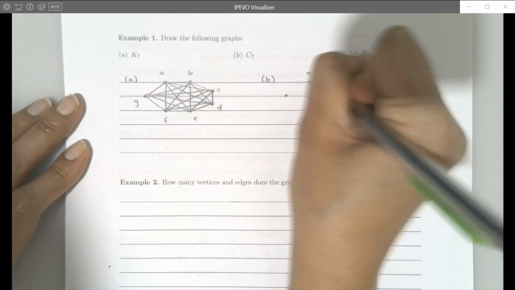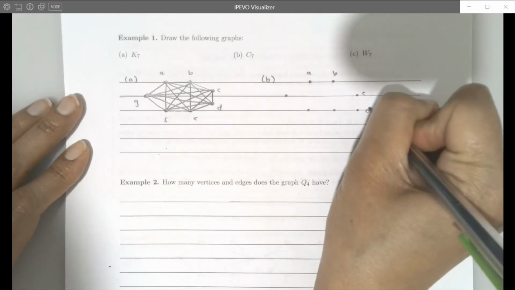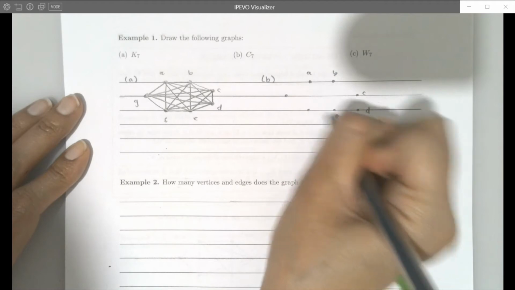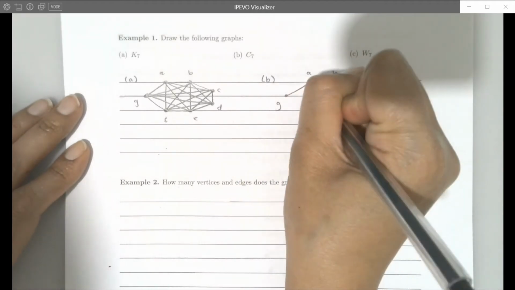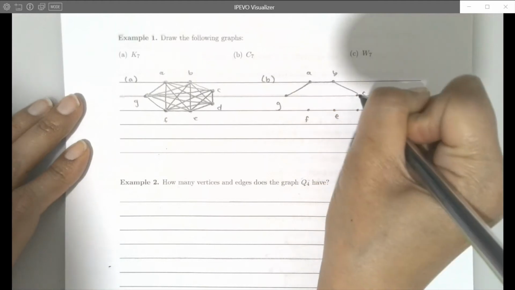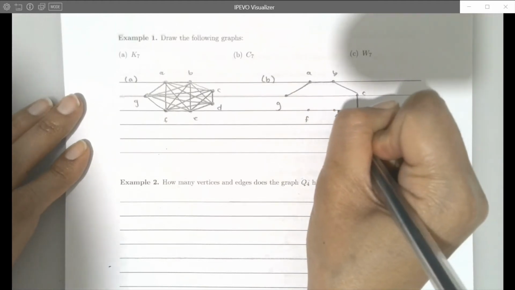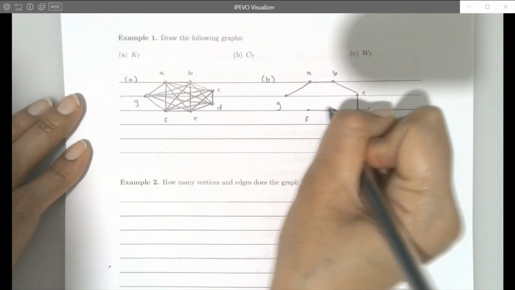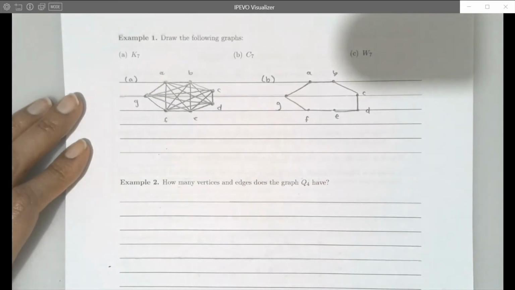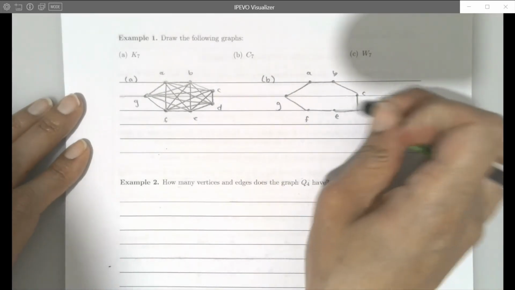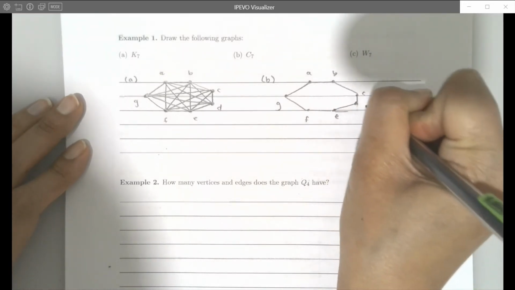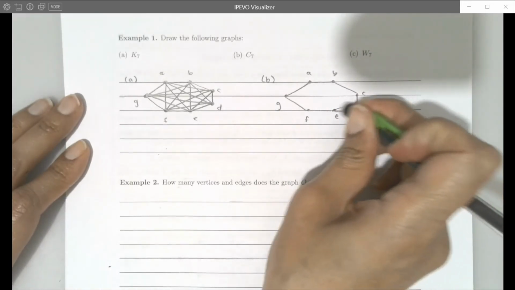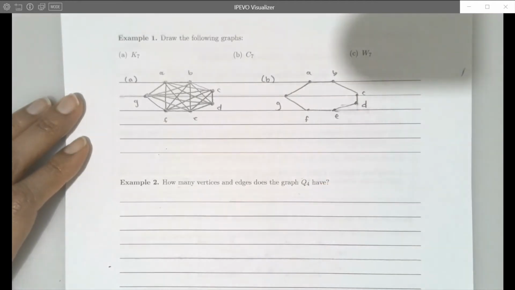Okay, so this is A, B, C, D, E, F, and G. So it'll look something like that. And that would be our cycle.